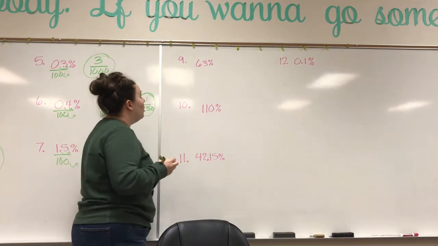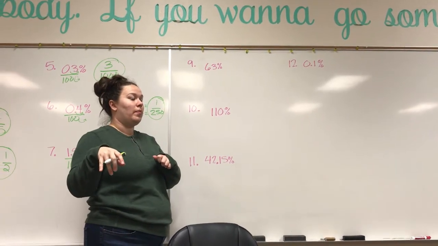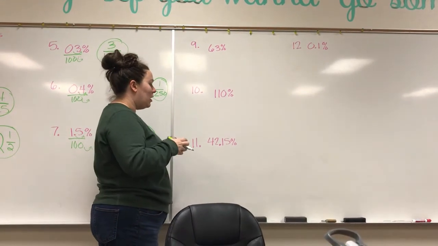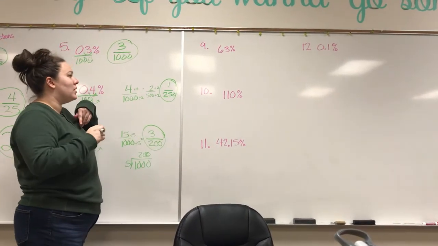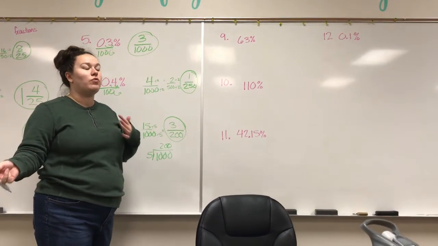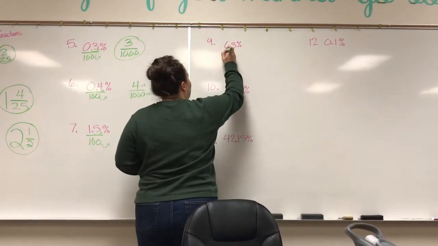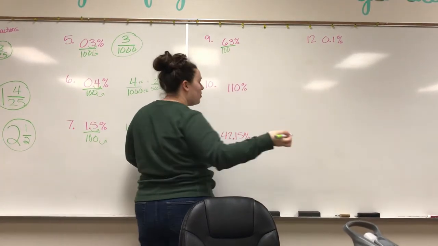Okay, just checking. Okay, to go into decimals, what does percent mean? Percent means out of 100. So if I make it out of 100, I would divide by 100.